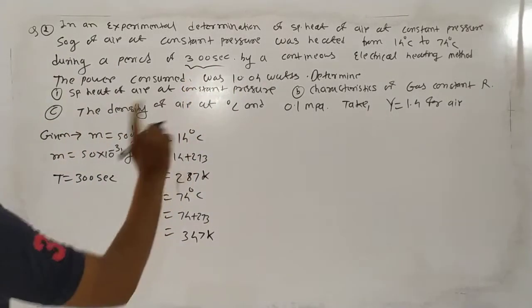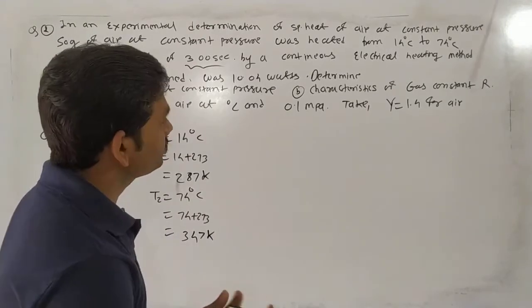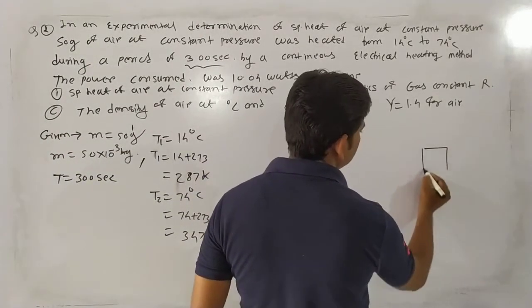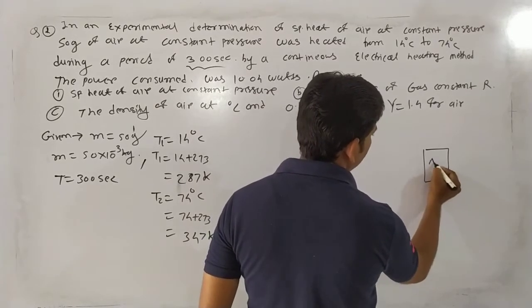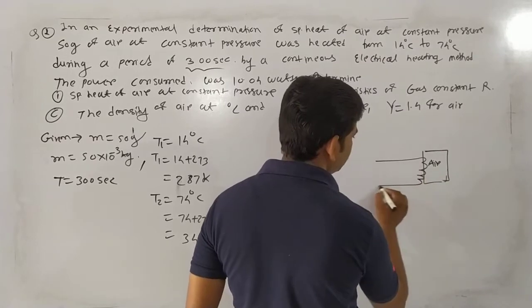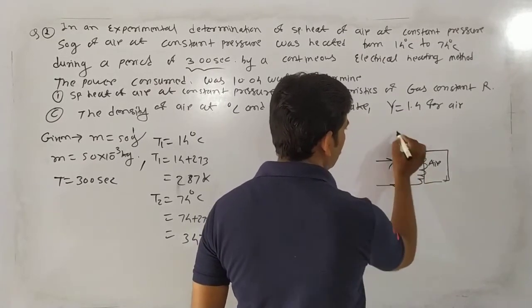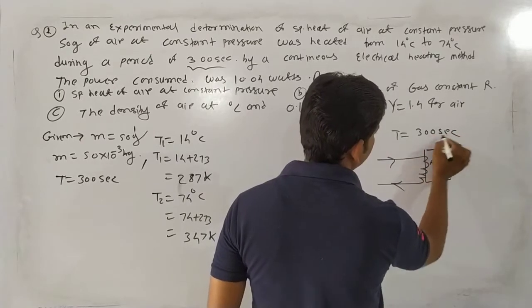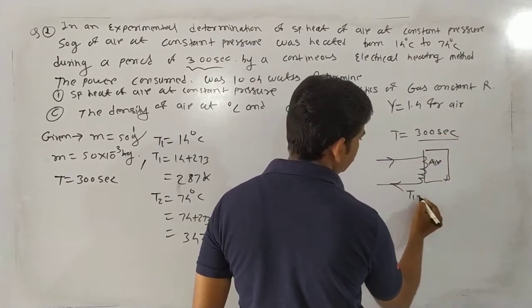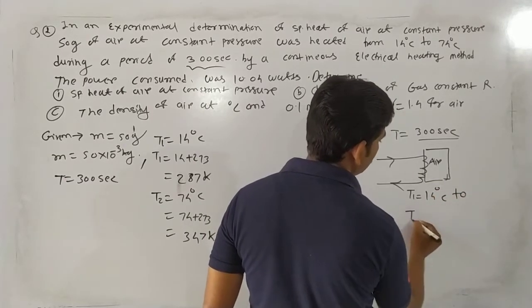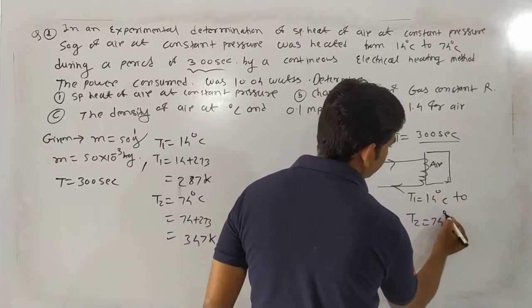By a continuous electrical heating. Okay, means suppose in a container the air will be present and we have to supply continuous electricity. Okay, how much time period? The time period is 300 seconds, and it increases the temperature of air from T1, 14 degree Celsius, to T2, 74 degree Celsius.